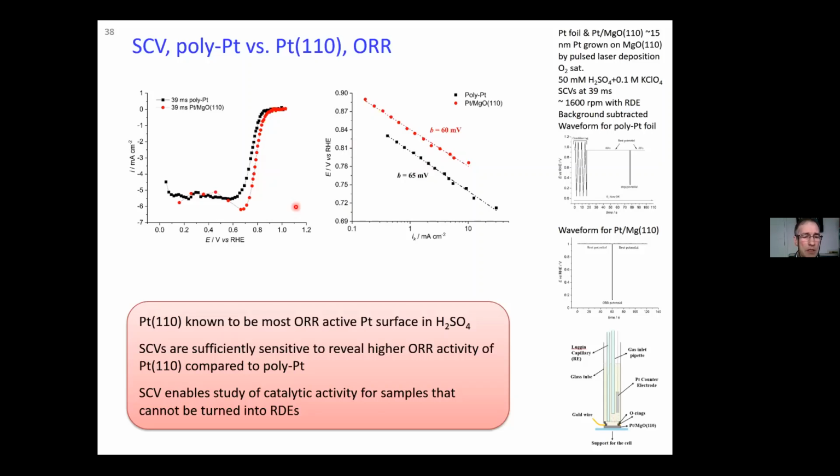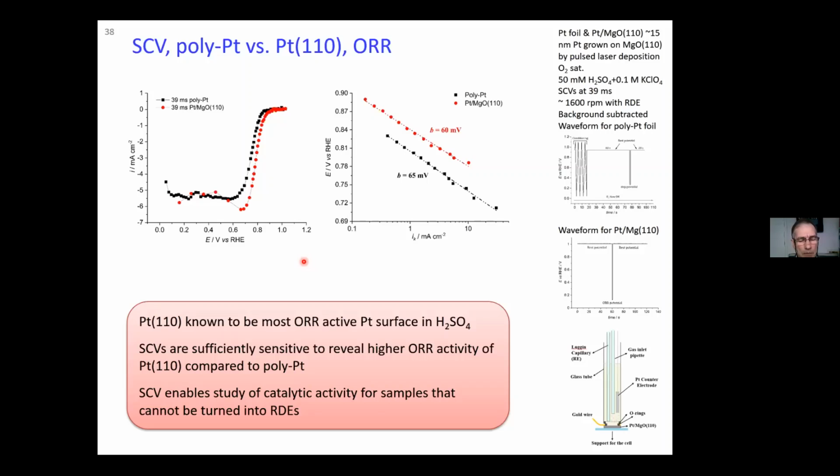So this goes to show that with sample current voltammetry, you can perform experiments analogous to rotating disk electrode, but with electrodes that cannot be mounted on a rotating disk electrode or cannot be made into one.